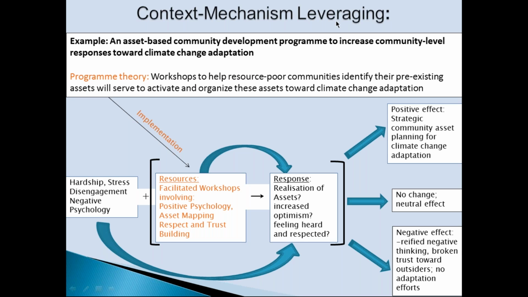You can imagine that the people that are most resource poor are going to be the hardest hit by climate change, and they, more than many, need to organize and be prepared and be ready to adapt when the need arises. So when you look at the context mechanism interaction, this is it here. Now this is the program theory in implementation. So you think about the resources that are offered through the program.